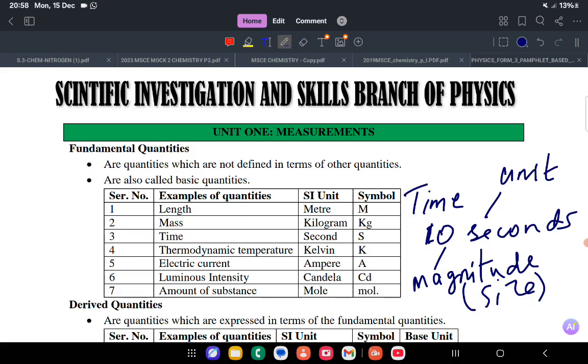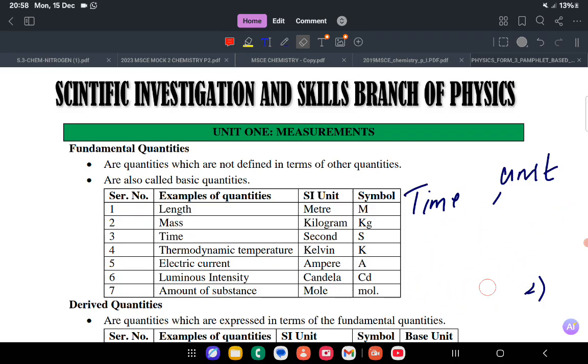A quantity that does not have a unit attached to it is meaningless. So a physical quantity must be fully presented with its size or magnitude and the unit. The unit doesn't have to be an SI unit, it can be any unit. For its completeness, a quantity is supposed to have the magnitude, how big, and the unit.